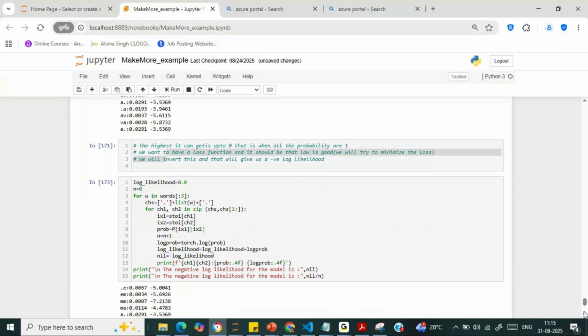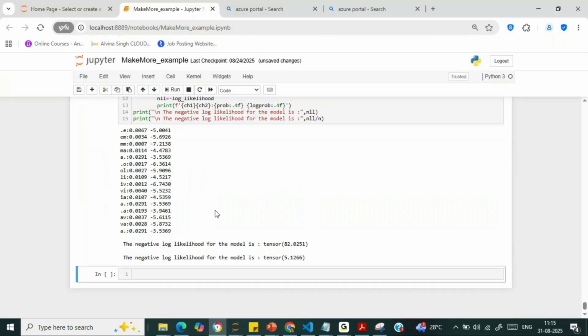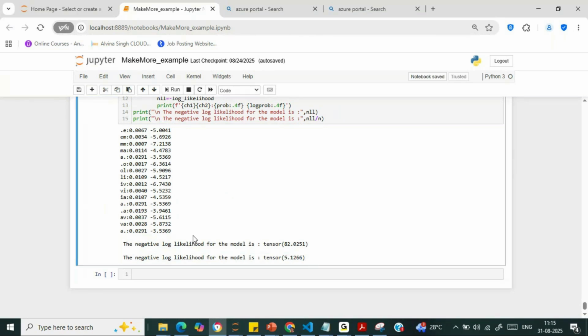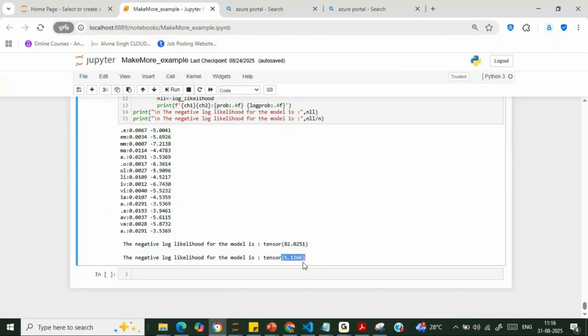And based upon this, the negative log likelihood for this particular model is 5.1266. So this is nothing but the quality of this particular model. And over here, if it is towards the zero side, then we can say we will be able to optimize it.